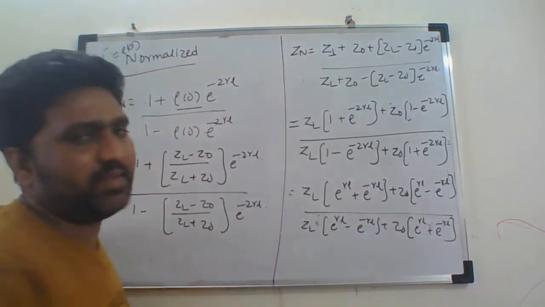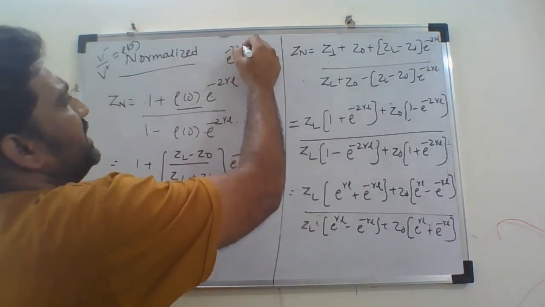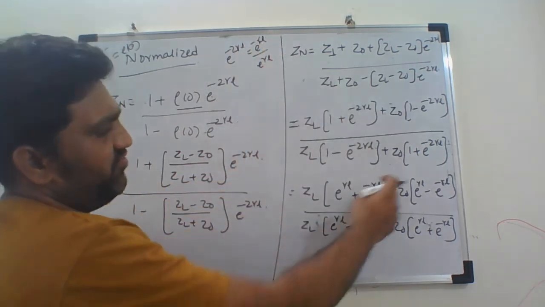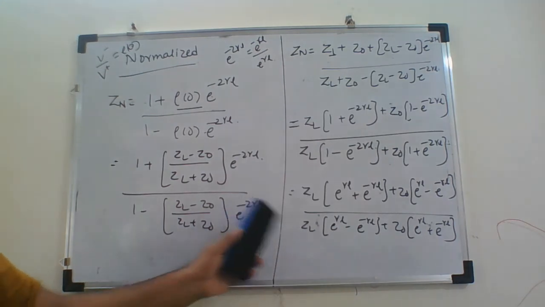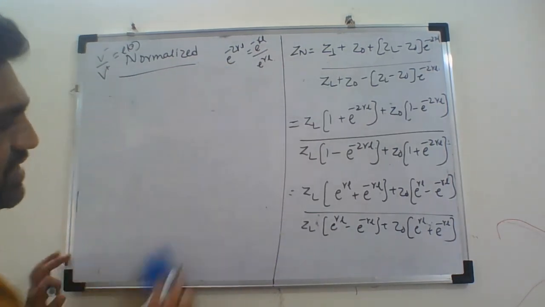Understood? Again, e power minus 2 gamma L is nothing but e power minus gamma L by e power gamma L. If I write like that and do the LCM, we will get the same result.